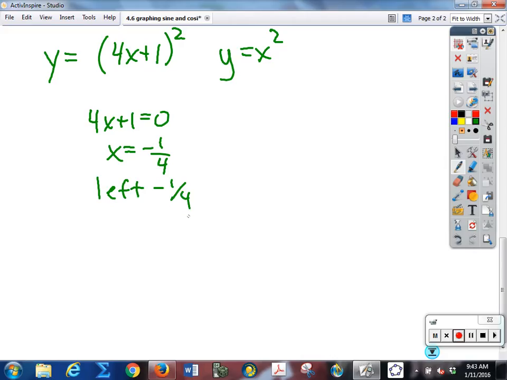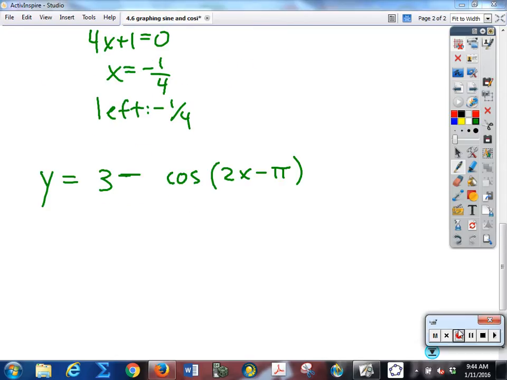Okay, so this is going to do the same sort of thing with these. I'm going to do kind of a crazy one, not just a plain shift. I'm going to change the period and shift it. What all is this going to do? What is this 3 going to do to it? It's going to shift it, because it's added onto the end, right? And it is a positive 3. So it's going to go up 3.